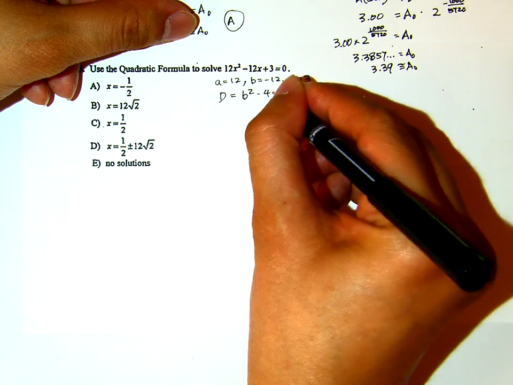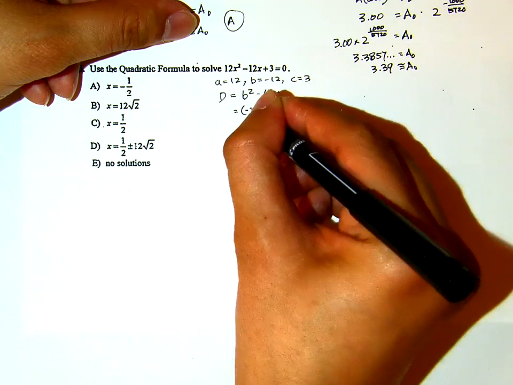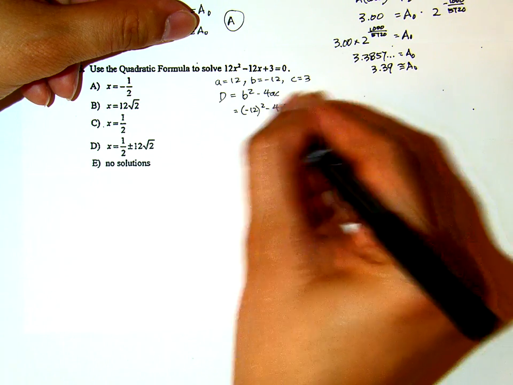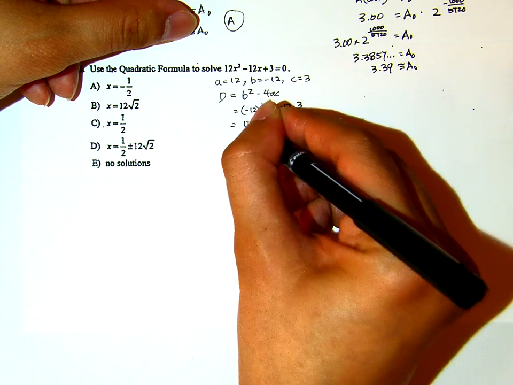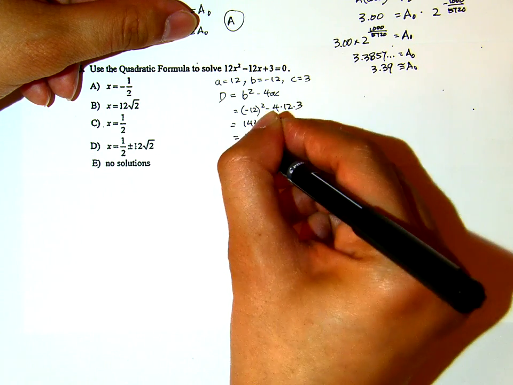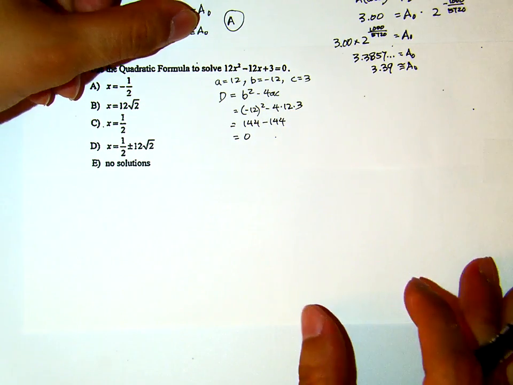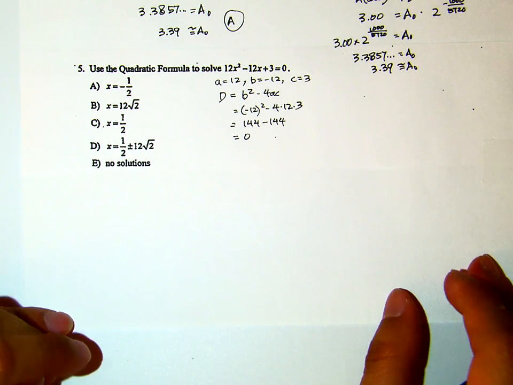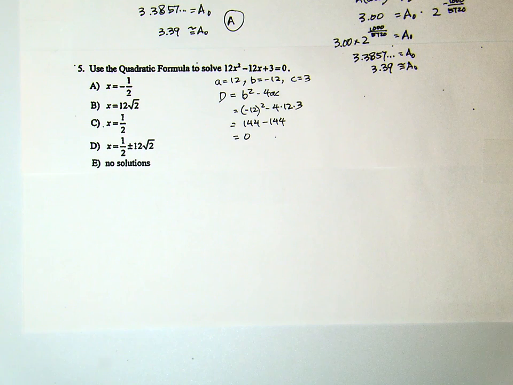As usual, we will first compute the discriminant, which is b squared minus 4ac. That's -12 quantity squared minus 4 times a times c. And we will see this is 144 minus 144. That equals 0. Now, I hope in that class you learned something important about the discriminant.